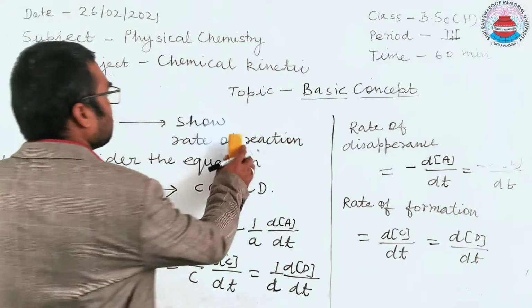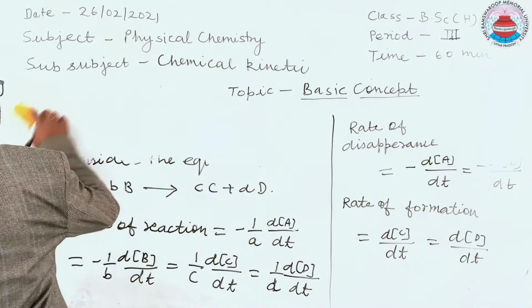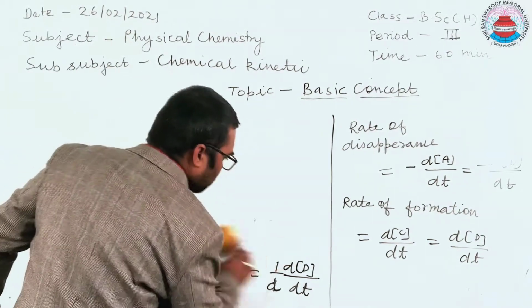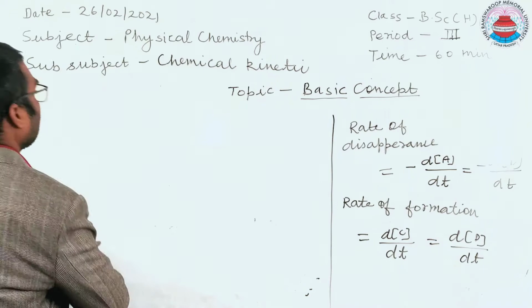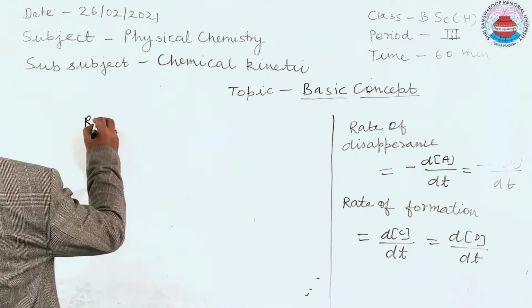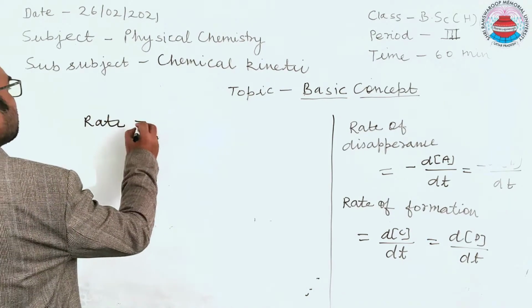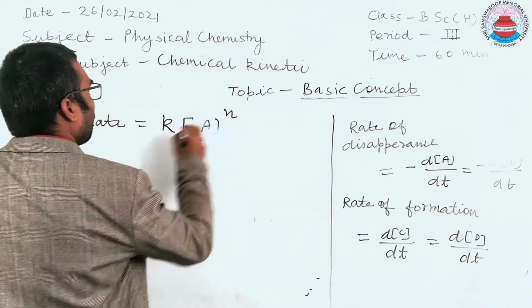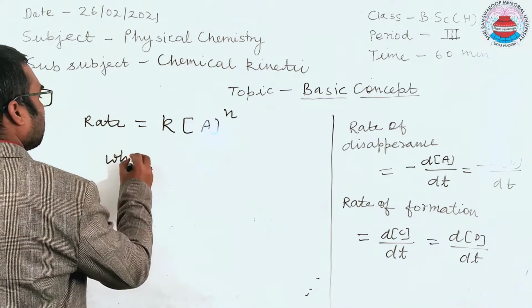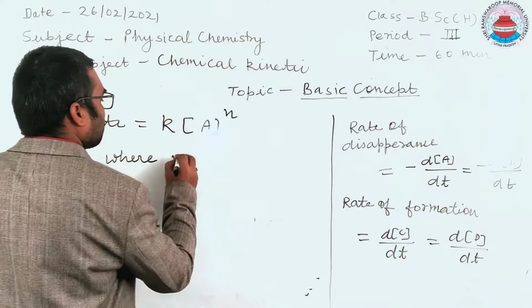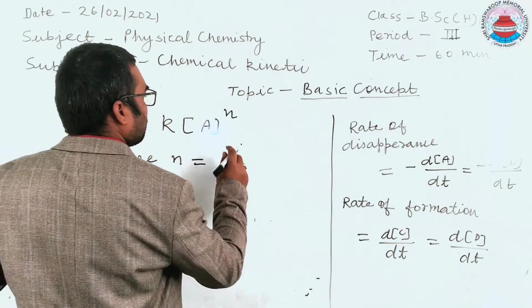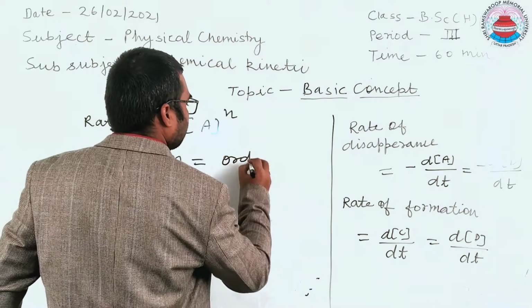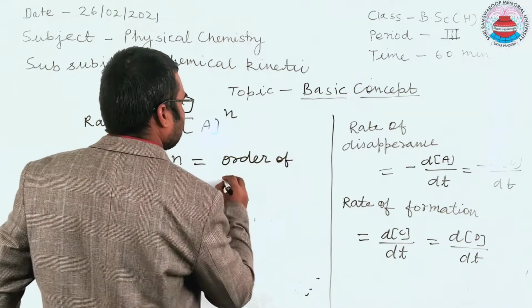What is the unit of the rate constant? The rate of reaction is also written as K a to the power n, where n equal to the order of reaction.